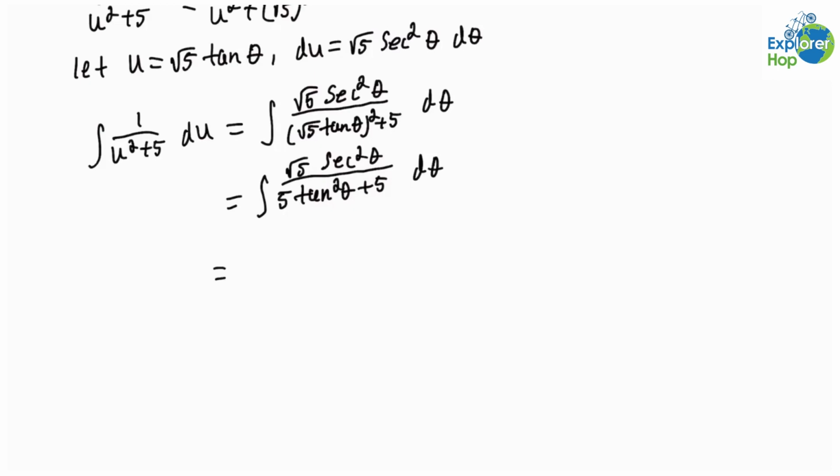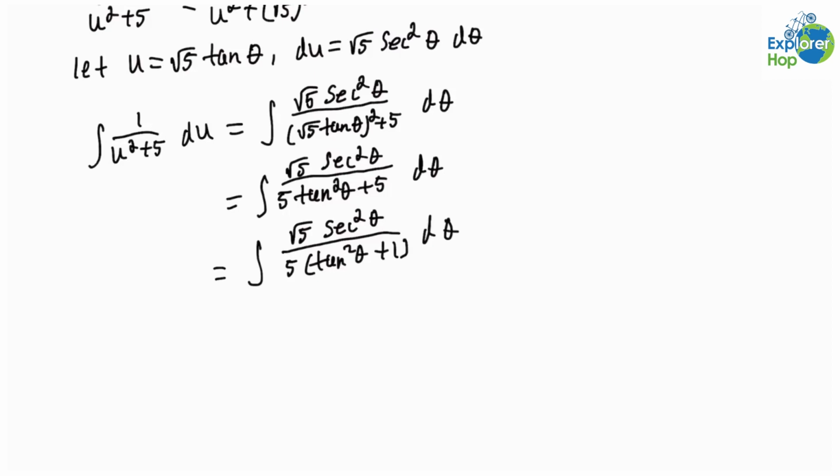And if we common factor out 5, this is equal to the integral of root 5 times secant squared theta over 5 times tan squared theta plus 1 d theta.